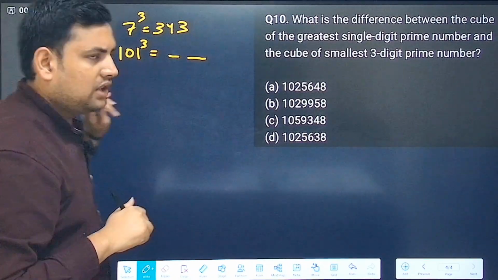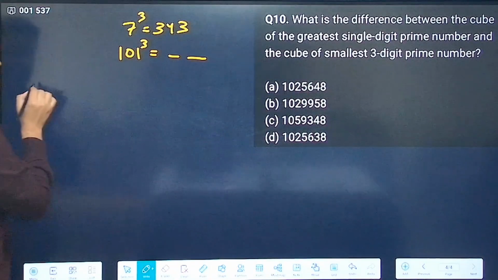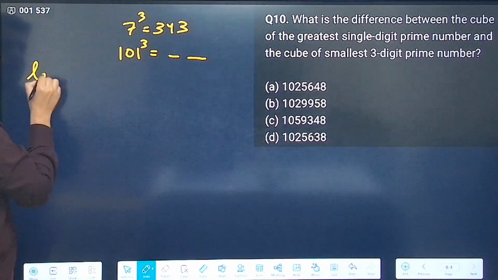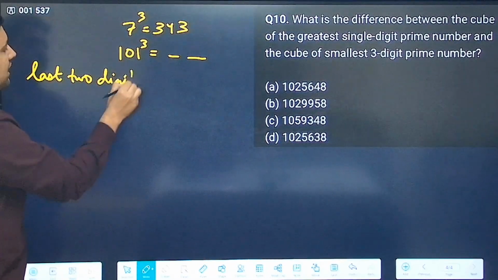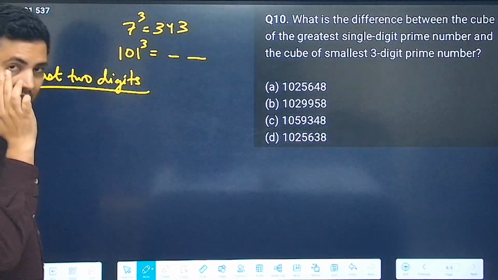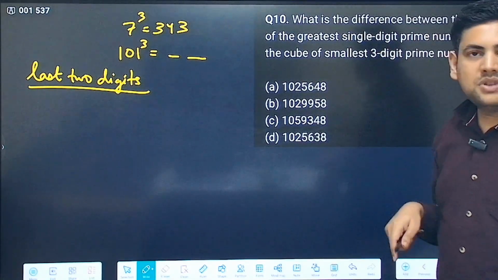Now see how I am doing this. If I can find the last two digits, then I can get to the answer. Now see how I am getting to the last two digits.